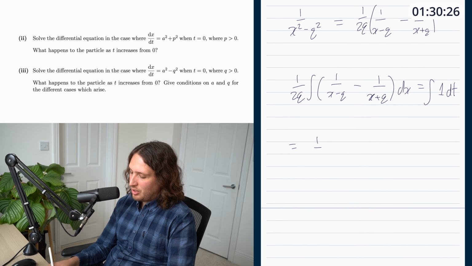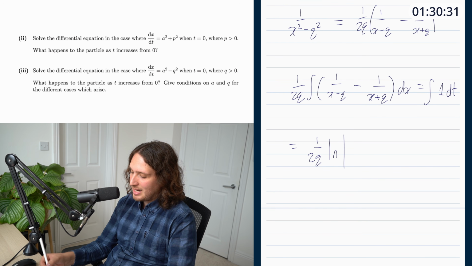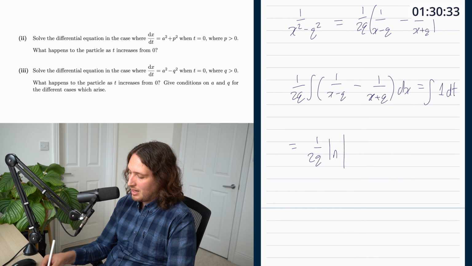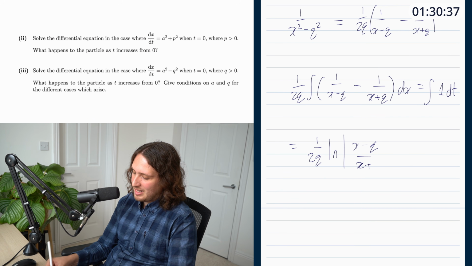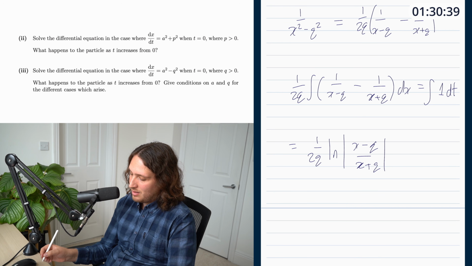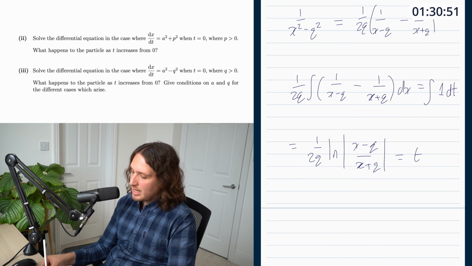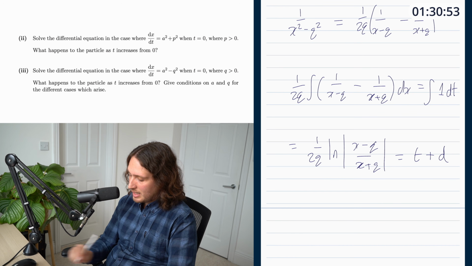They're always very sloppy with their moduluses in the mark schemes, but I'm going to be at least initially careful, and then I might decide not to bother. So x minus q over x plus q equals t plus d.